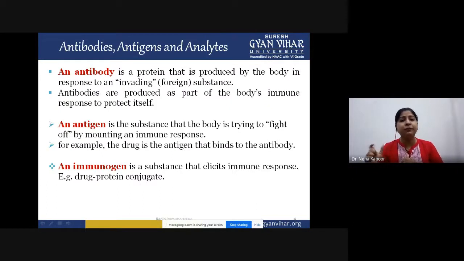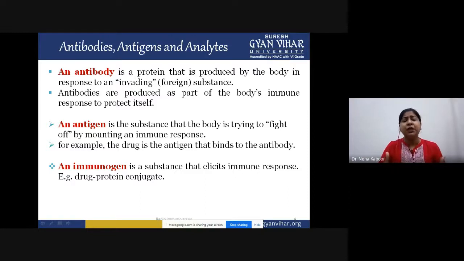Now, there are a few important terms that we need to understand: what is an antibody, what is an antigen, what is an analyte. Antibody, first of all, is a protein molecule that is produced by our body in response to some invading organism, invading entity or foreign molecule.